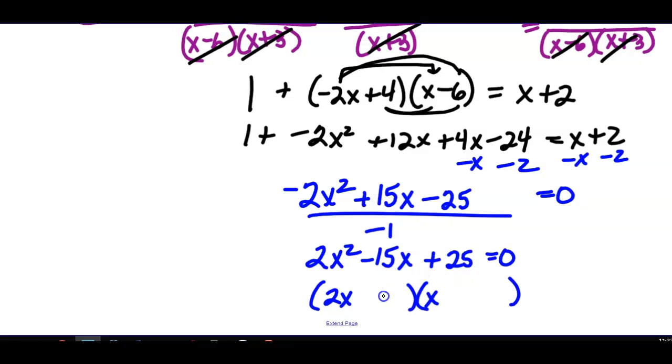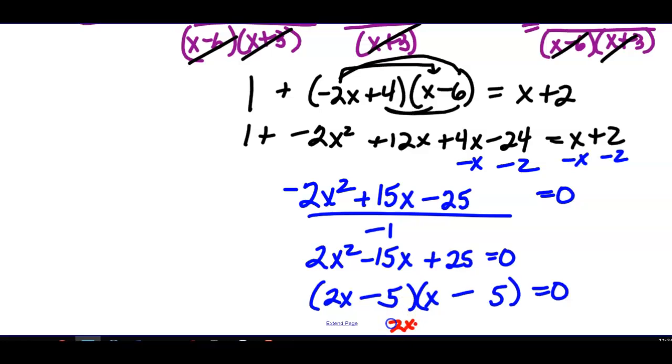I need to make a 15. Well, I only have 1 and 25 or 5 and 5. If I put 5 and 5 and both minus, and I FOIL that back together, I'd get a 2x squared, that's good, minus 10x on the outside and 5x on the inside would be negative 15x, and then -5 times -5 is 25, so that did check.